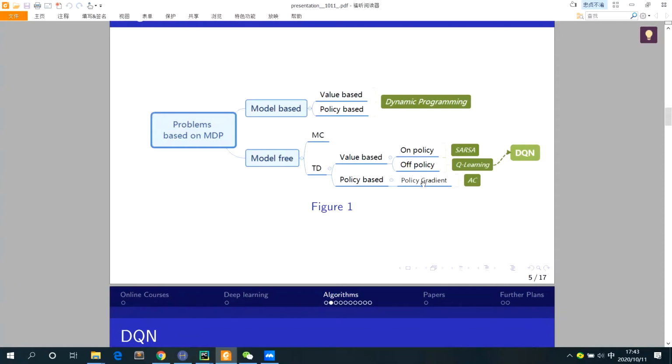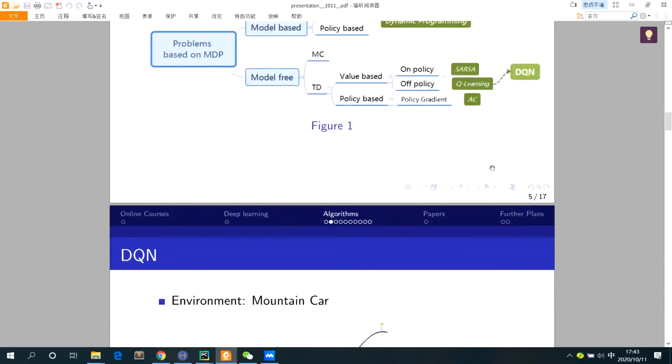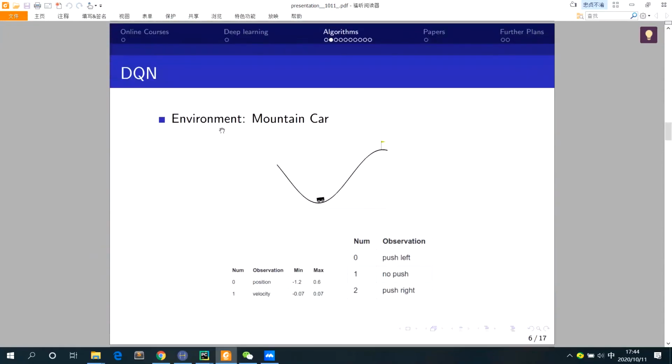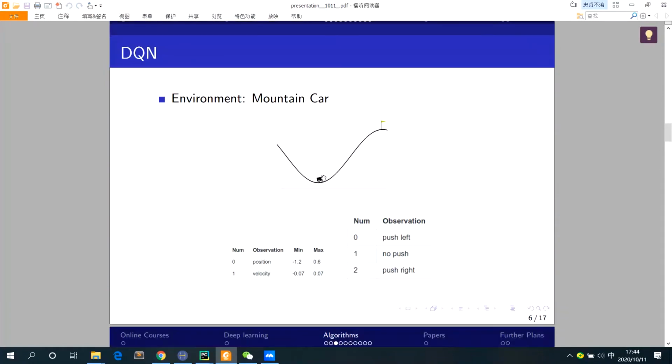Okay. Yes. And here I use the very classical environment in gym, it's mountain car. We have a car here, and for our state, there are two dimensions, position and velocity. Here we can see the state space is continuous.